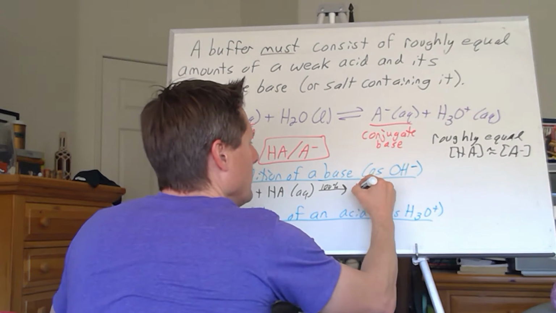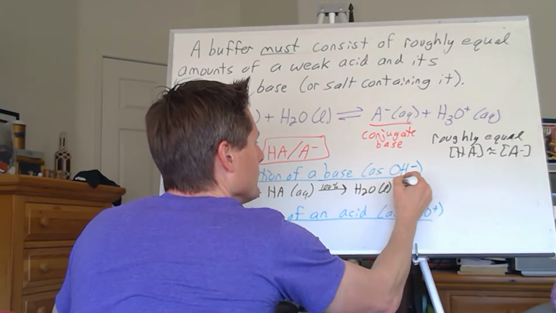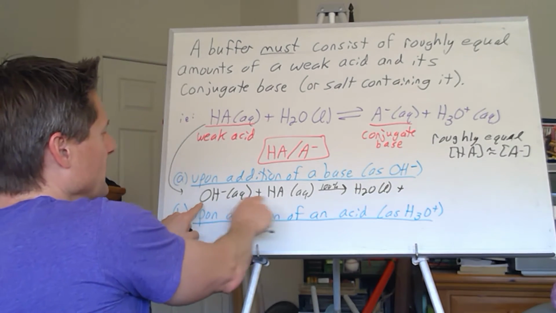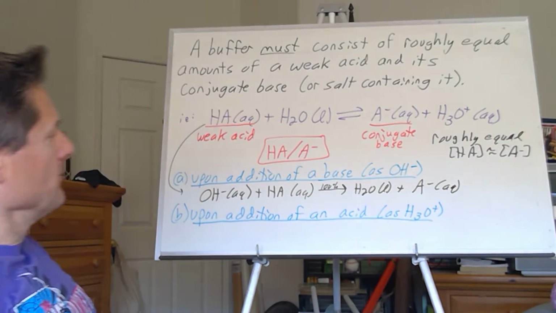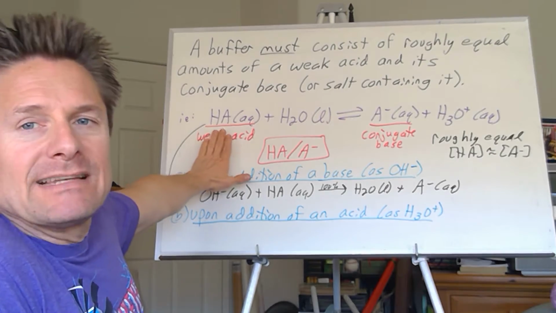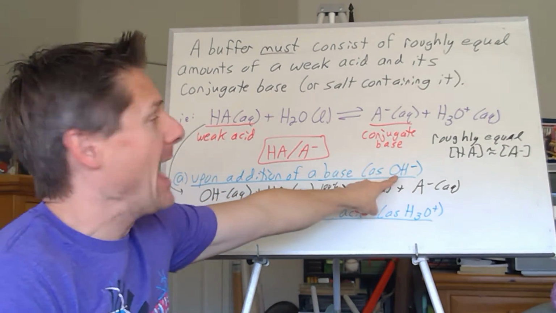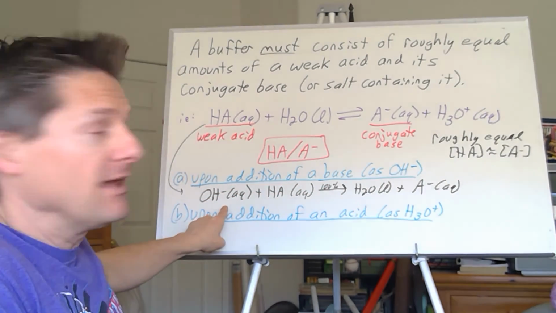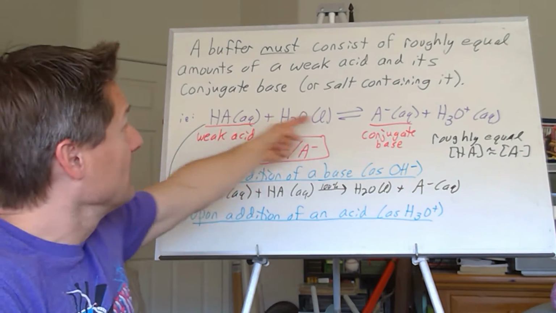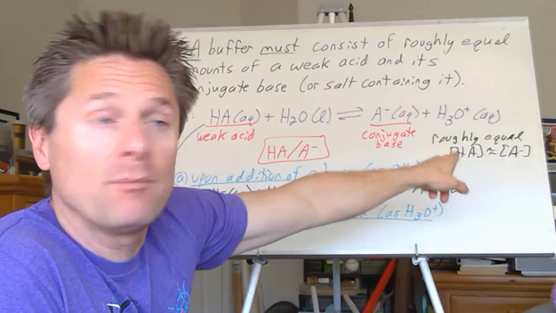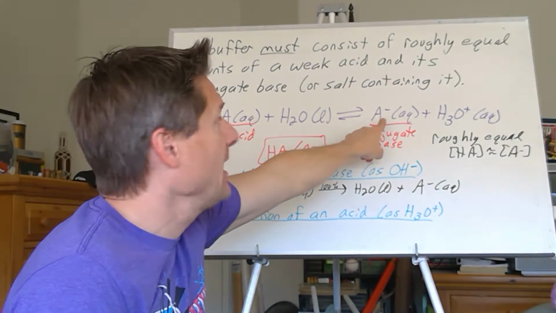I'm going to get water. That H plus comes over, plus A minus. So that weak acid component of the buffer takes out the added base, removes it, forming neutral water plus the A minus. So you lose a little bit of this and increase a little bit of that.